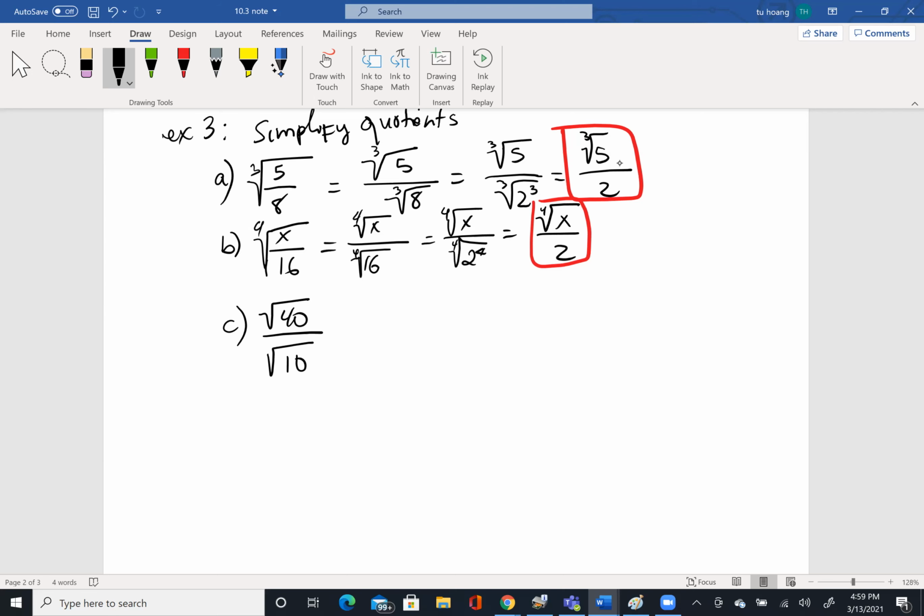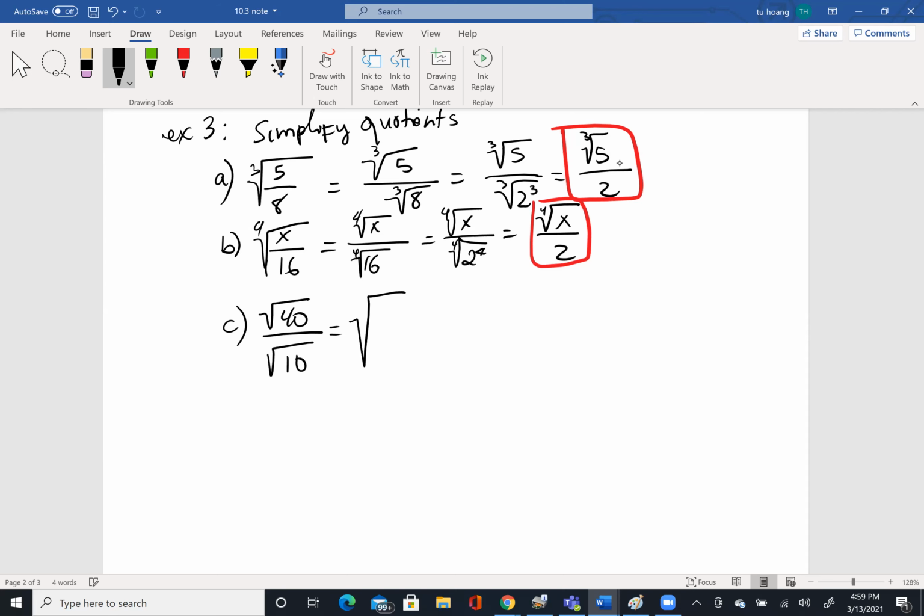That could be a problem. It's not easy, there's no number that multiplied with itself equals 40, and also 10. So for this problem, I would love to combine these two radicals because they have the same index, right? Which is 2.